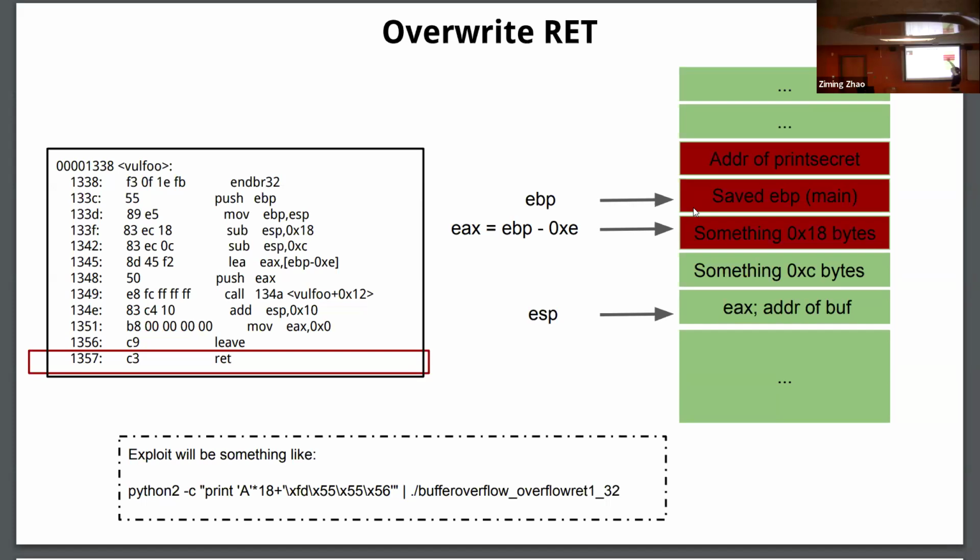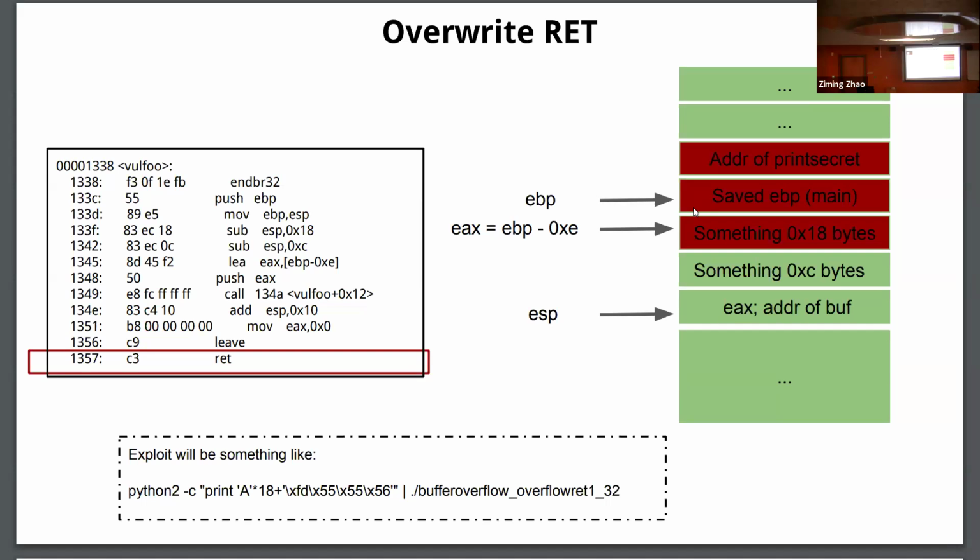This value used to be the saved frame pointer of the main function. Now we overwrite this return address. We're not returning to the main function. So this value actually becomes the frame pointer for print secret, right? Because we're calling print secret.